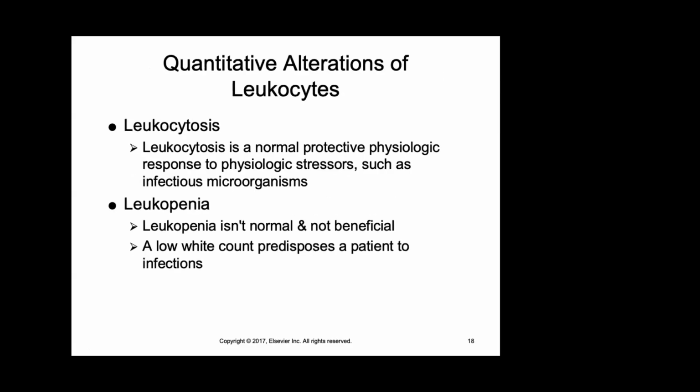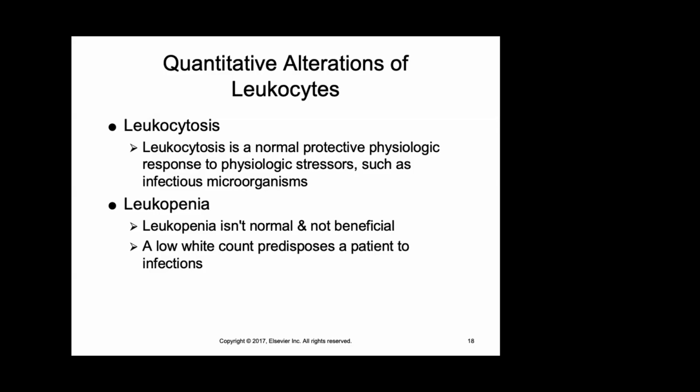Leukocytosis: anytime you see cytosis, that means there's more than the average number of those cells in your system. It's a normal response when you have an infection. You want more white blood cells. It's abnormal if you don't have an infection and can be an indication of something like leukemia.